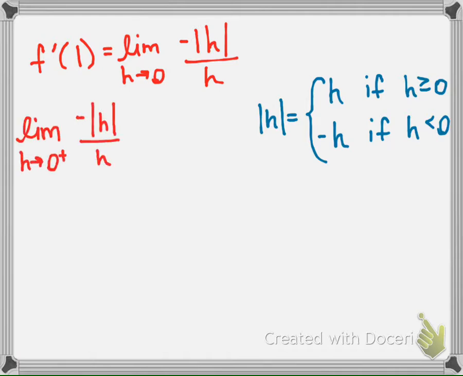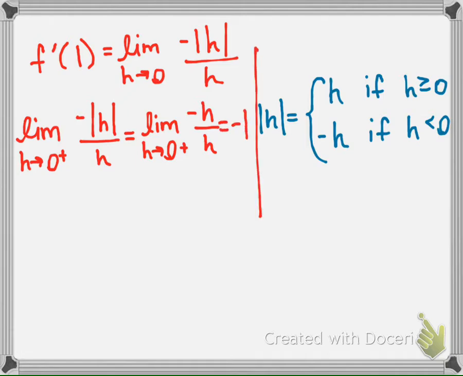So let's first look from the right. If I look from the right, the negative absolute value of h over h, well, if h is greater than or equal to 0, then the absolute value isn't really doing anything, so I just get negative h over h, which simplifies to -1. So the right-handed limit is -1.